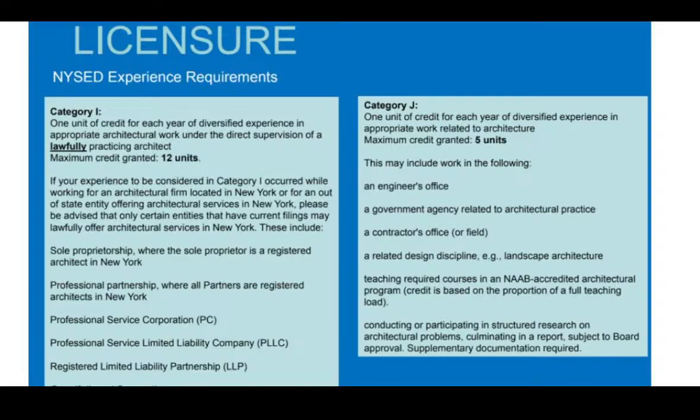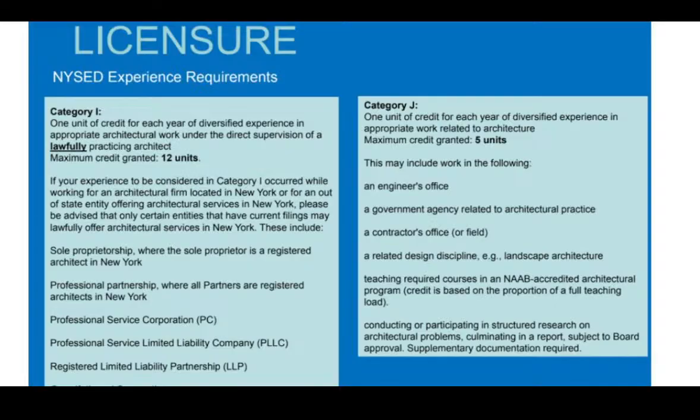They will let you work, credit J, for entities that aren't licensed architects. So you can work in a company like that and get 1 year or 2 years, depending upon what category you're working, applying in, and have that experience count. So you can work in an engineer's office, okay?